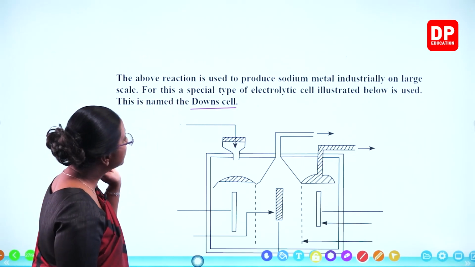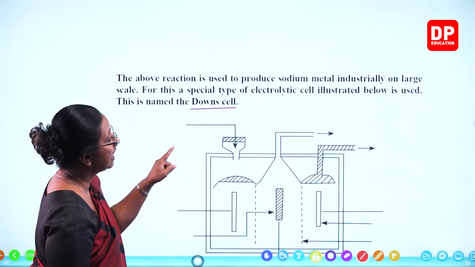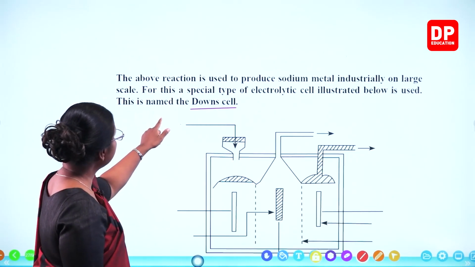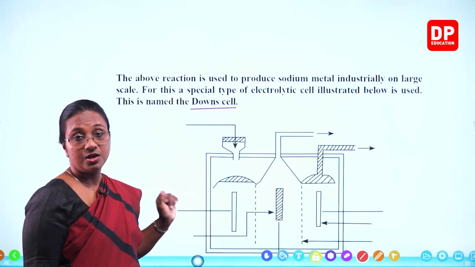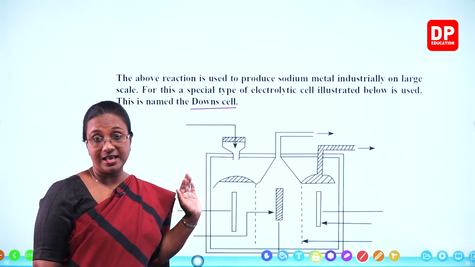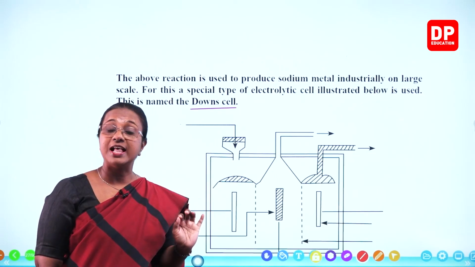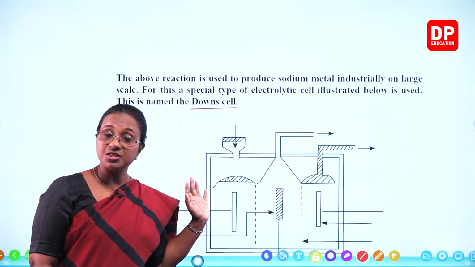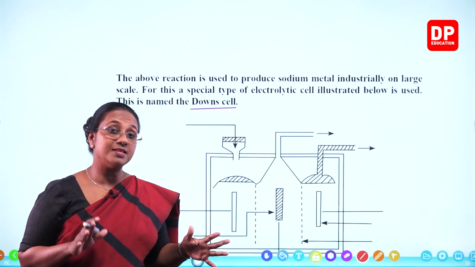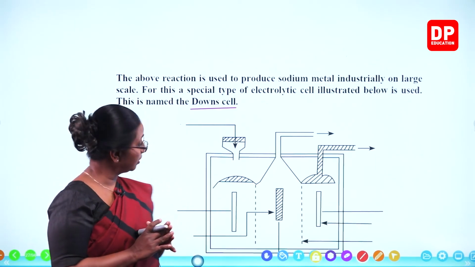For this, a special type of electrolytic cell illustrated below is used. This is named the Downs cell. So extraction of sodium metal on the industrial scale is known as the Downs cell method. But the reactions that are taking place are the same because we will be electrolyzing fused sodium chloride.